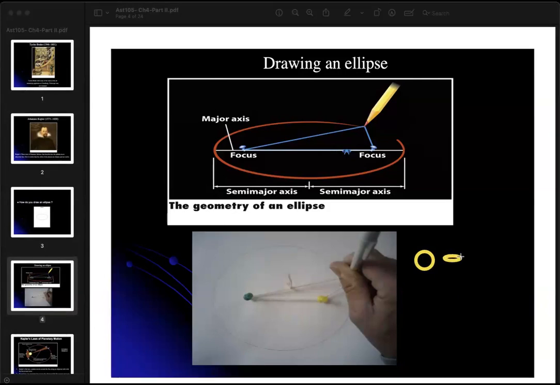Let's say the eccentricity is 0.2. Then the circle looks a little bit squashed. If it's 0.3, 0.4, it looks like this. If it's 0.5 or 0.6, it looks like this. 0.7, 0.8, it will start to look like that.